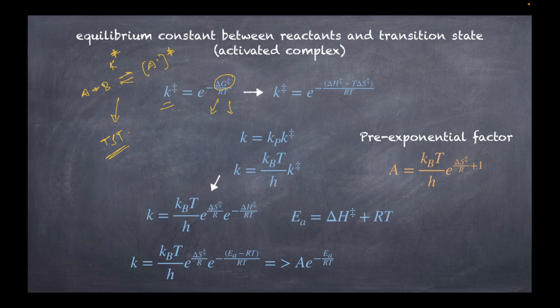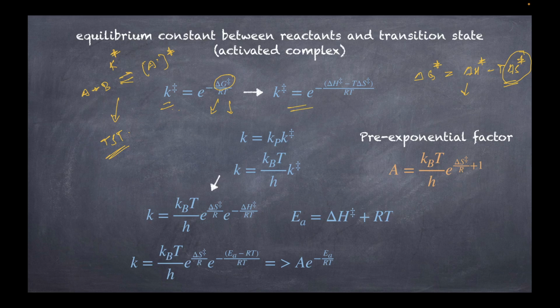Now we know the relationship between delta G double dagger and the enthalpy and entropy. Delta G double dagger will be equal to delta H double dagger minus T delta S double dagger. Delta H double dagger is the change in enthalpy of activation, that means the enthalpy of the activated complex minus the enthalpy of the reactant molecules, and delta S double dagger is the activation entropy. So we have to find this delta S double dagger.